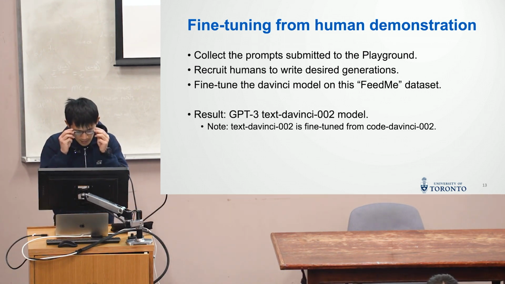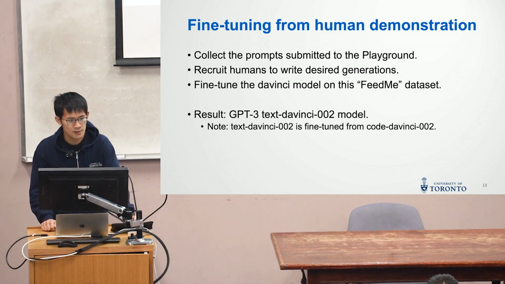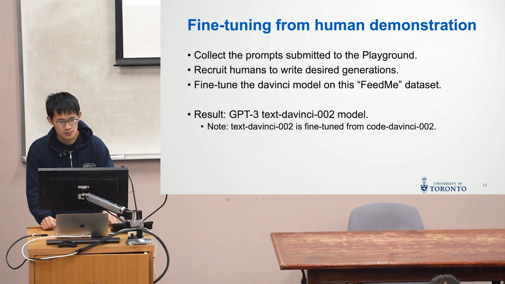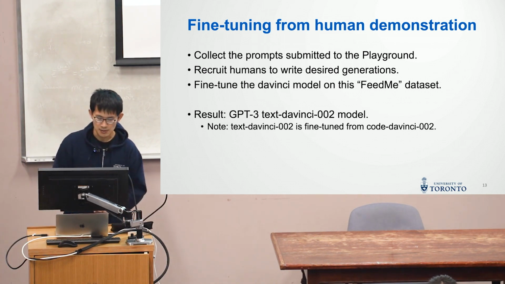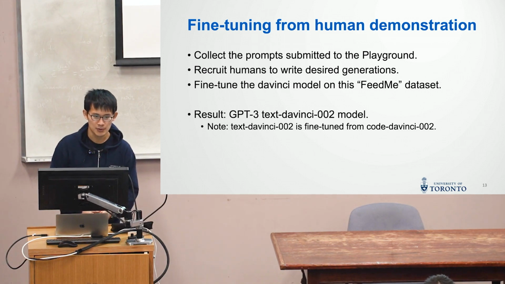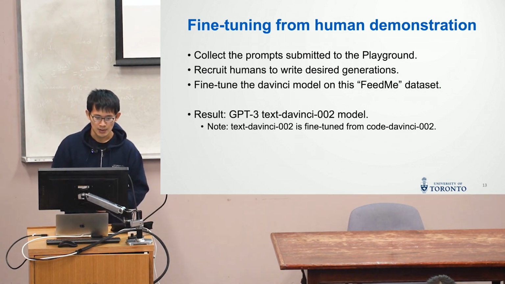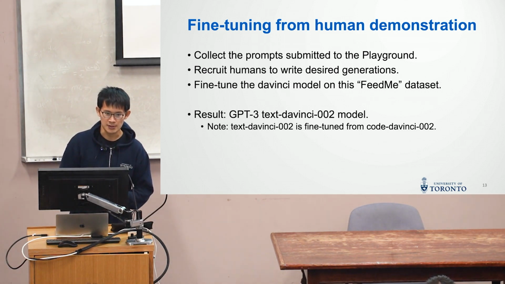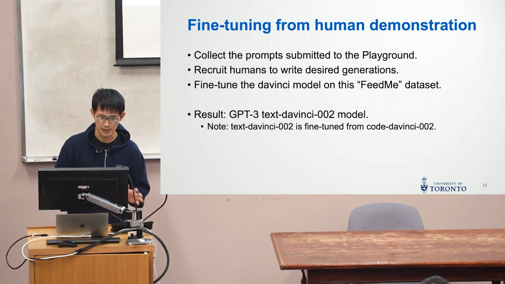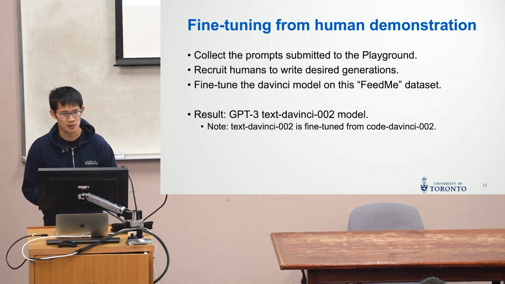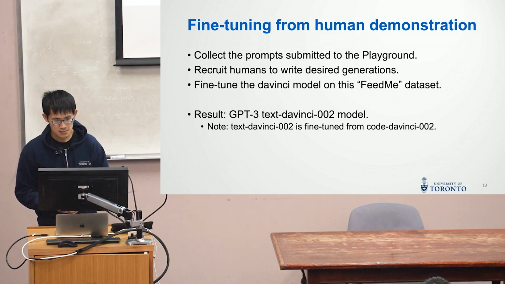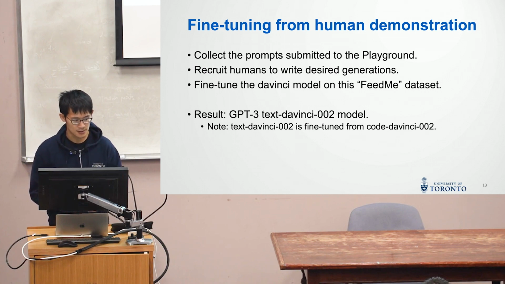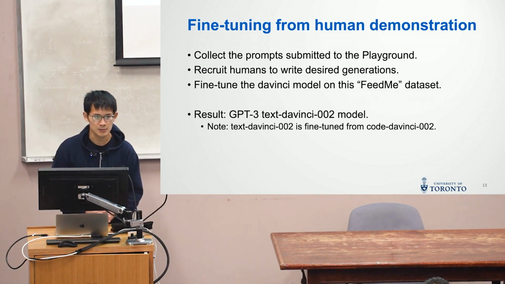And the result is the GPT-3 text-davinci-002 model. The details for the DaVinci 2 and DaVinci 1 models are actually inferred from OpenAI's blogs, and people have different guesses of what they are doing. I think this is a practice that is not acceptable.